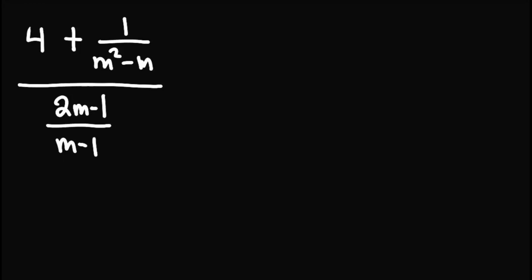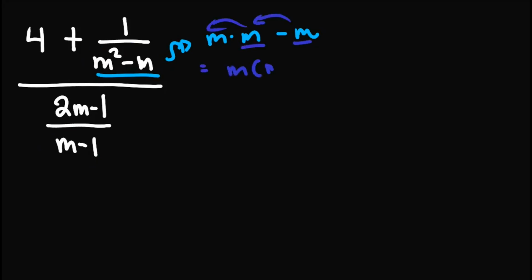Now note here that even though it might seem that m squared minus m and m minus 1 don't have a common factor, we can actually apply some factoring tricks out here. Since m squared minus m can be written as m times m minus m, so there is a common factor of m, we can factor that one out. So we'll have m times m minus 1. So they have a common factor of m minus 1.